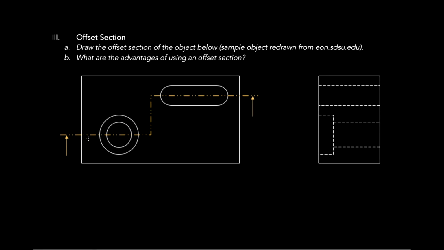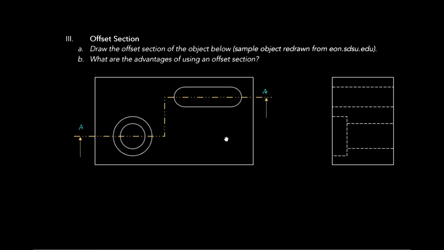So if you notice itong A cutting plane na to, hindi natin makikita tong internal feature na to if we were just to do a straight cutting plane like this. Para itong A prime na to. Tama? So we need to offset this portion of the cutting plane para makita natin yung internal feature nito, itong part na to.